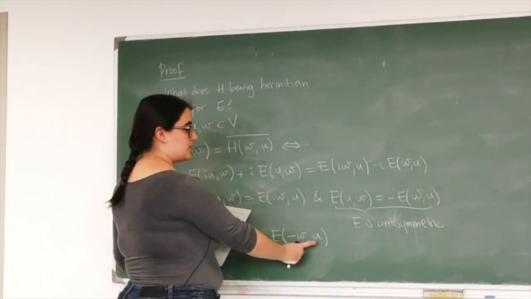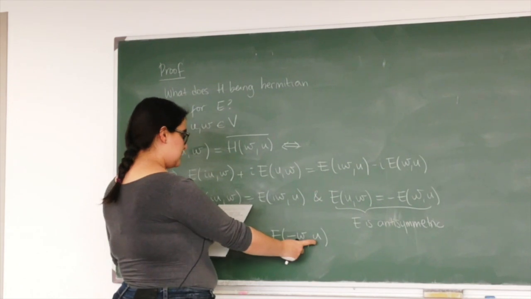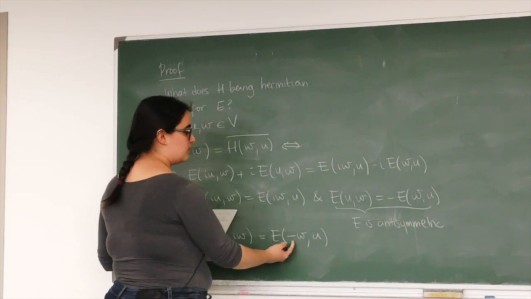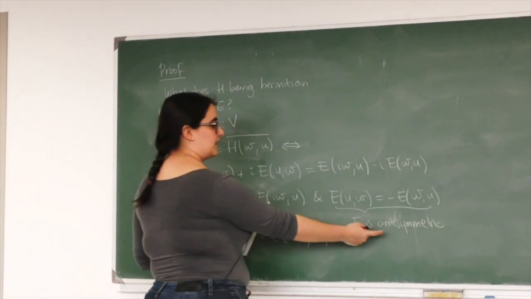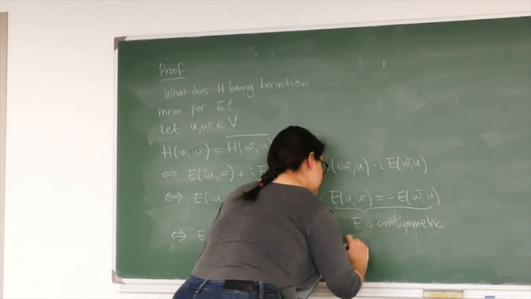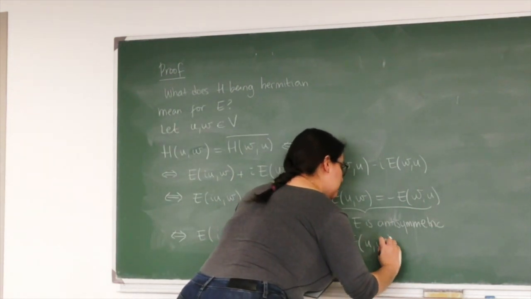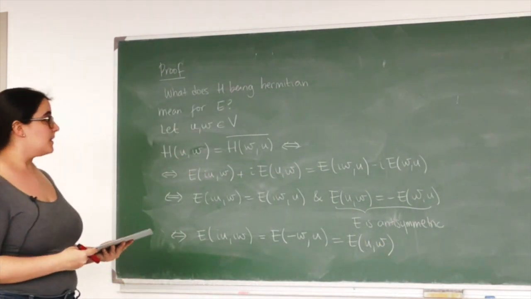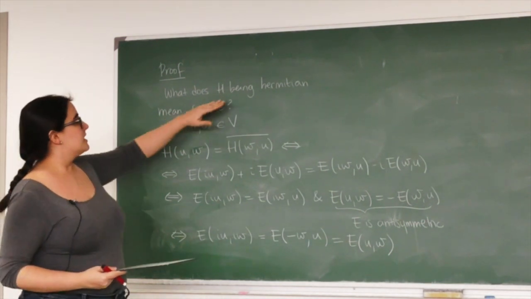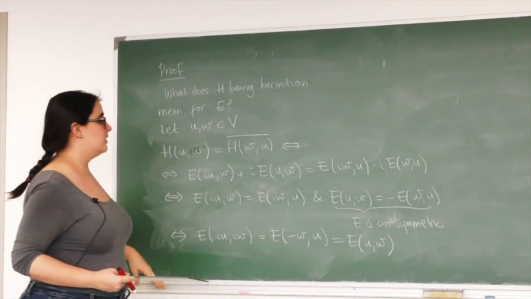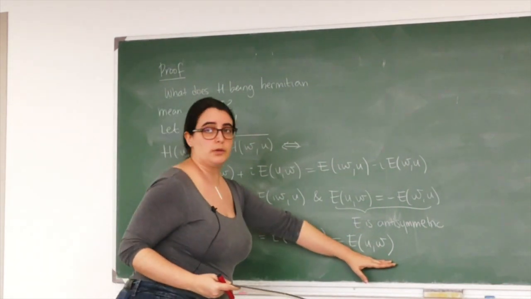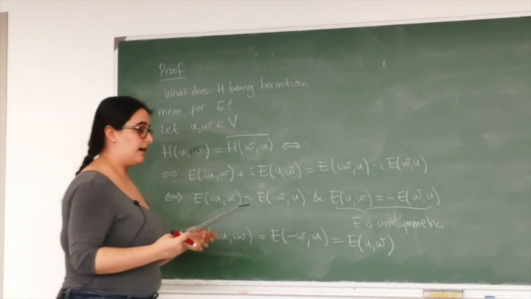And now we just use the fact that it's linear with respect to the real numbers, so the minus sign can go out, and the fact that it's antisymmetric, so swapping adds a sign, and we just get that this is equal to E of U, W. So now, what we have proven up to this point is that H is Hermitian if and only if E of I U, I W is equal to E of U, W. So we can just take out the I's.